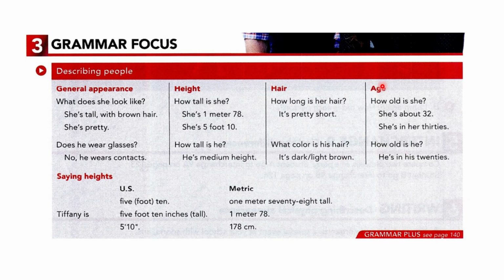And then we have the age. How old is she? She's about 32 years old. But what about if you don't know the exact age of that person? Well, we normally say 30s. When someone is around 30 years old, 35, 34, or 38, but we don't know exactly the age, we say 30s.